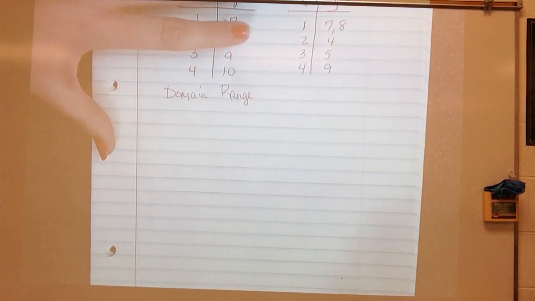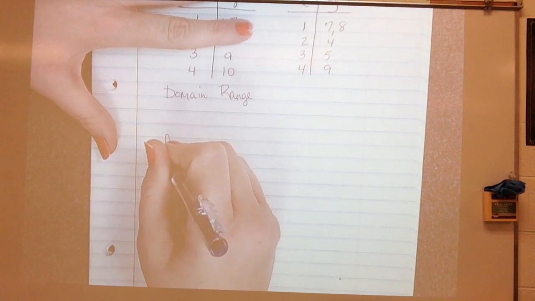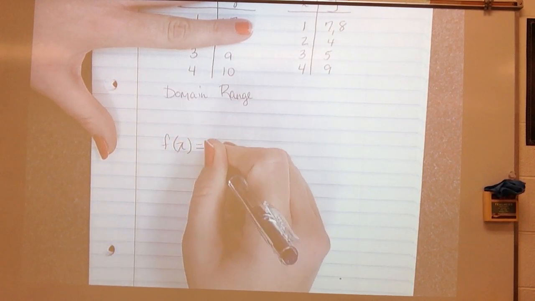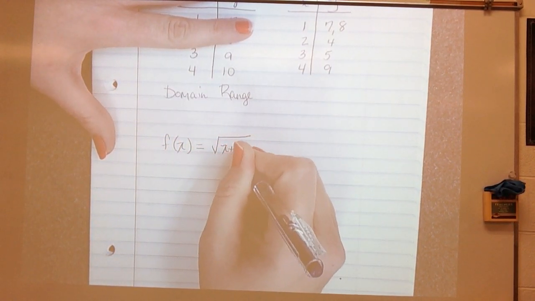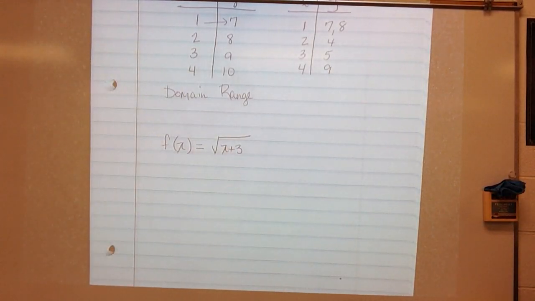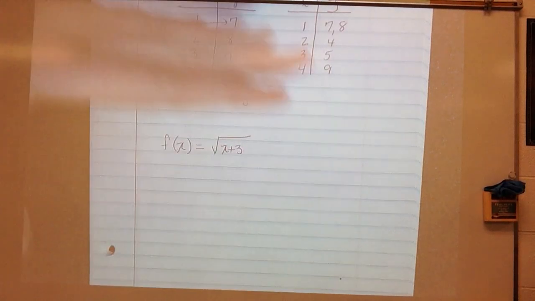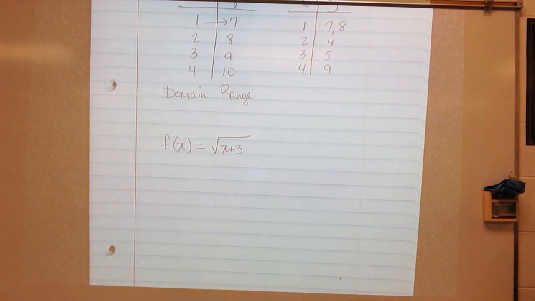All right, so if I'm looking at example number 3, f of x is equal to the square root of x plus 3. Now remember, my domain deals with my x values. So in other words, what I want to know is, what can I not put in for x?